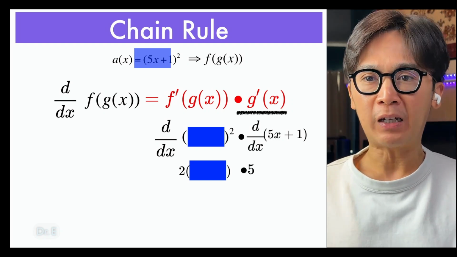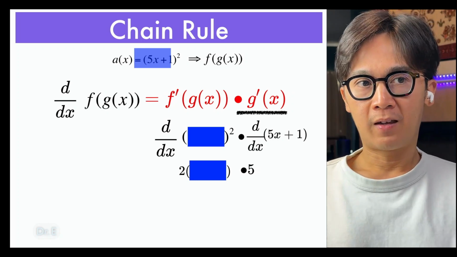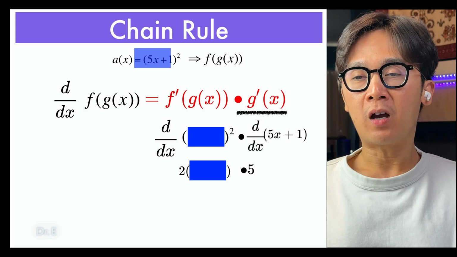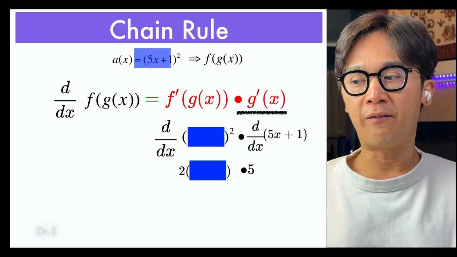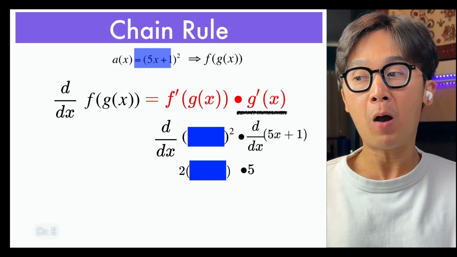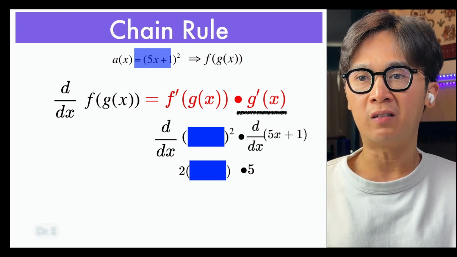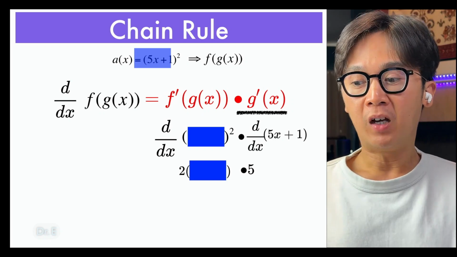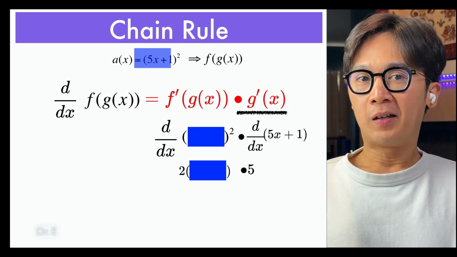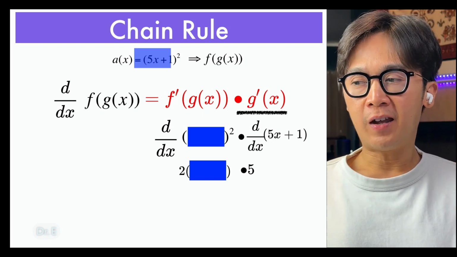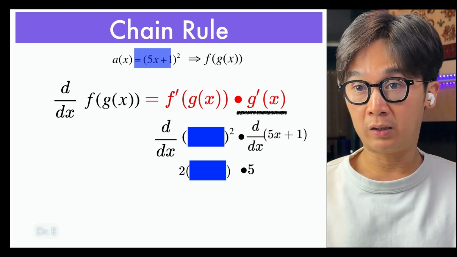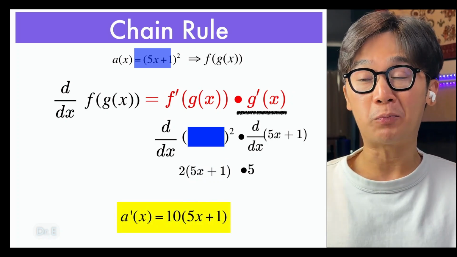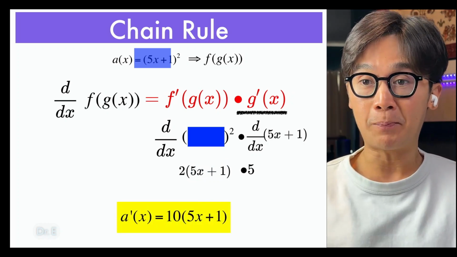So basically what we're doing is, I don't want to say shortcut, but it's just one way of finding the derivative of a composite function, because not all functions are basic polynomials, like 5x squared plus 2x plus 3, right? Some functions can be a function raised to a power, similar to this one. And it just so happens that this particular example is pretty easy to work on using the expansion method.